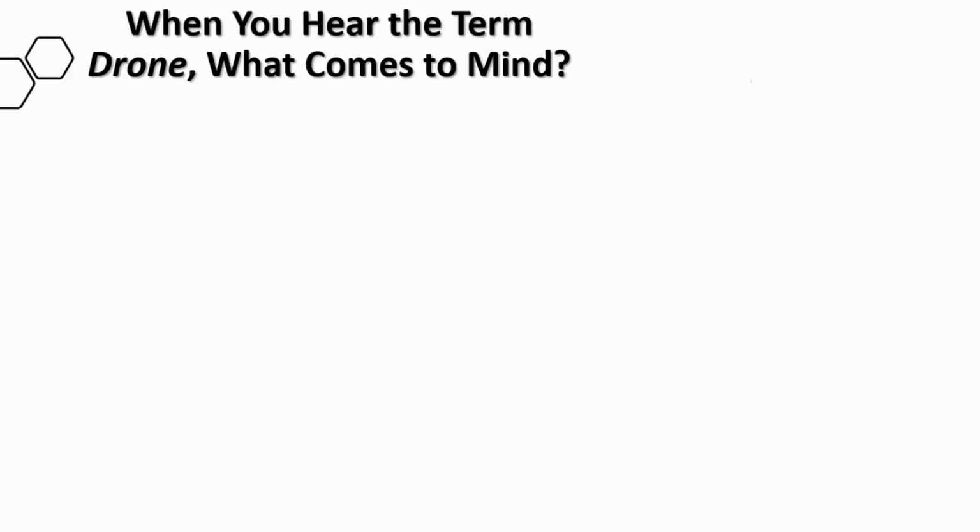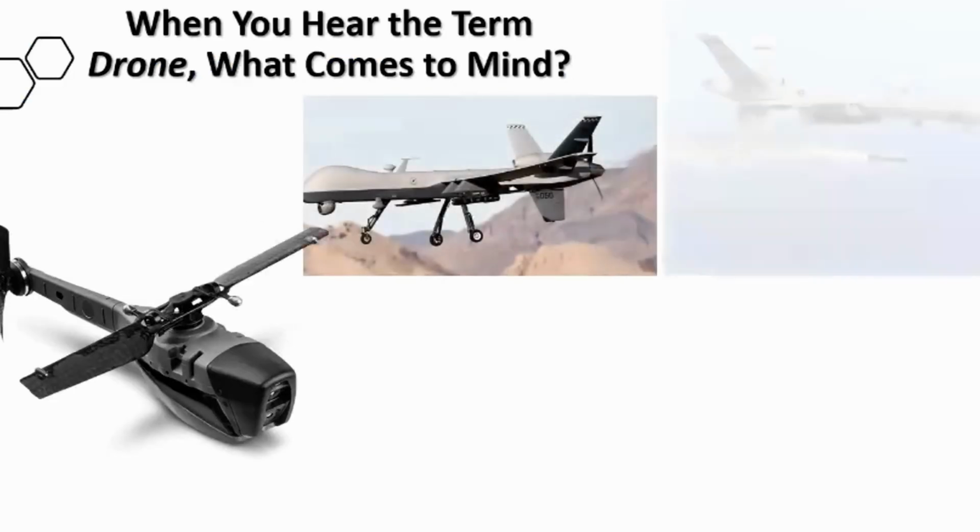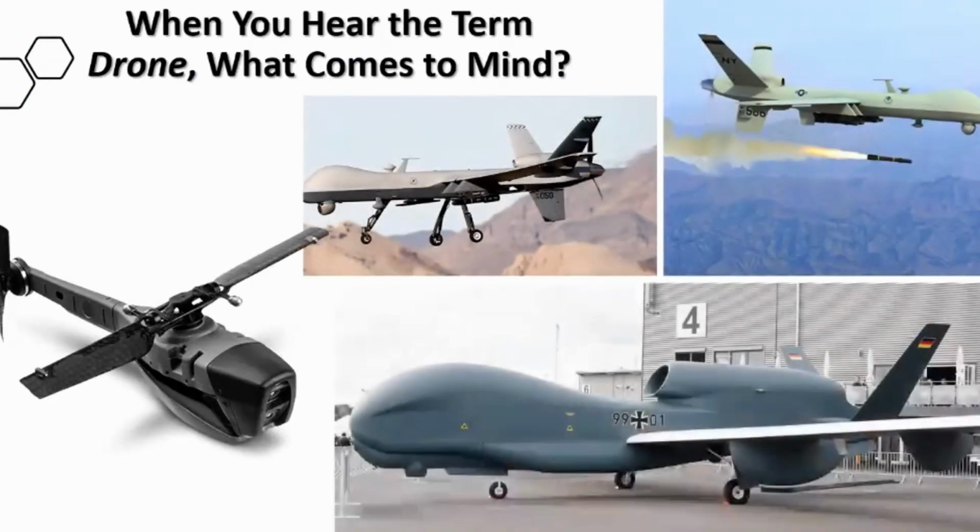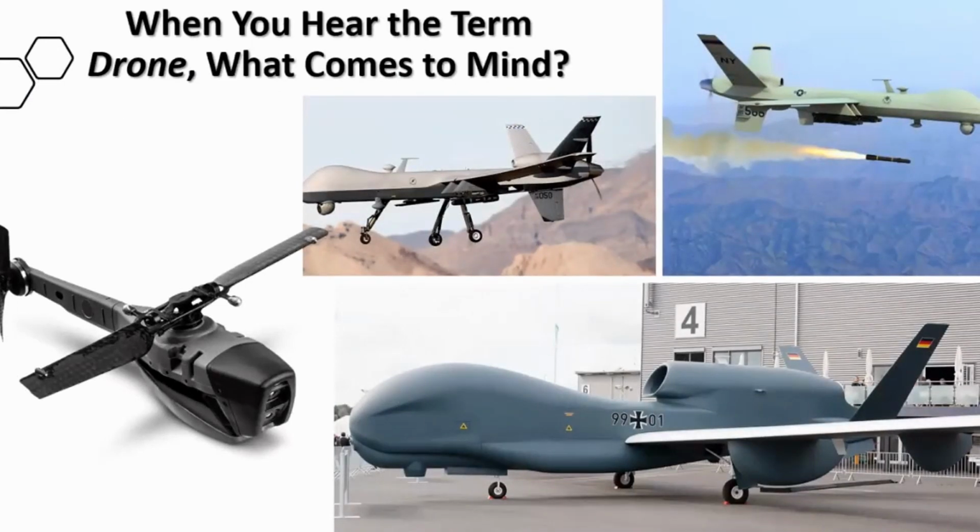My first question is, when you hear the term drones, what comes to mind? Is it something like this? Well, these are indeed drones. Now, the one on the far left of your screen is a dragonfly, and it is quite small. It's used in special operations and a number of other things, but its primary role is in surveillance.